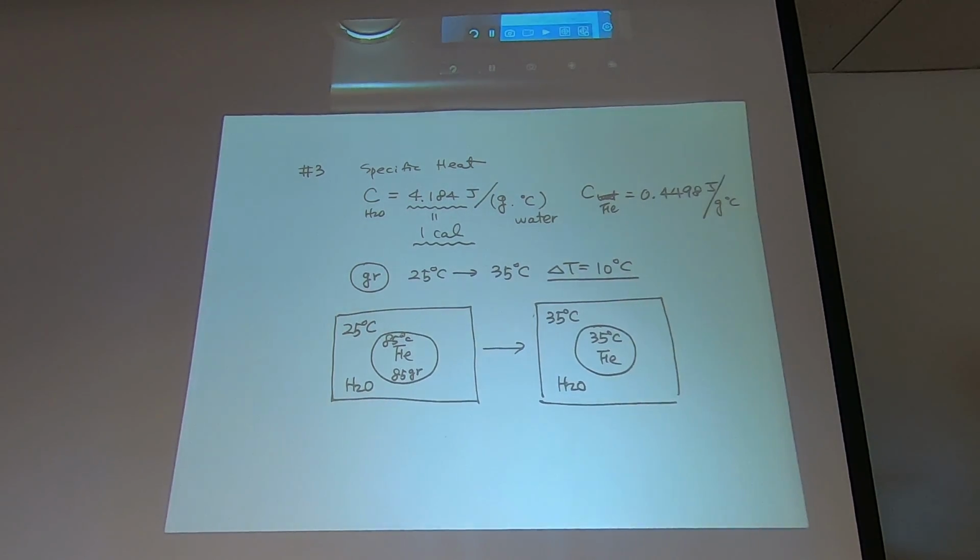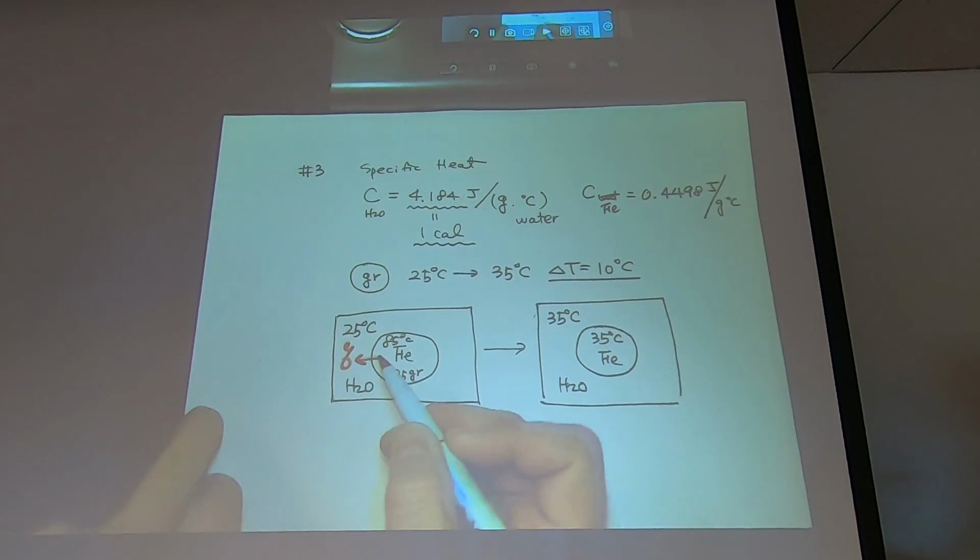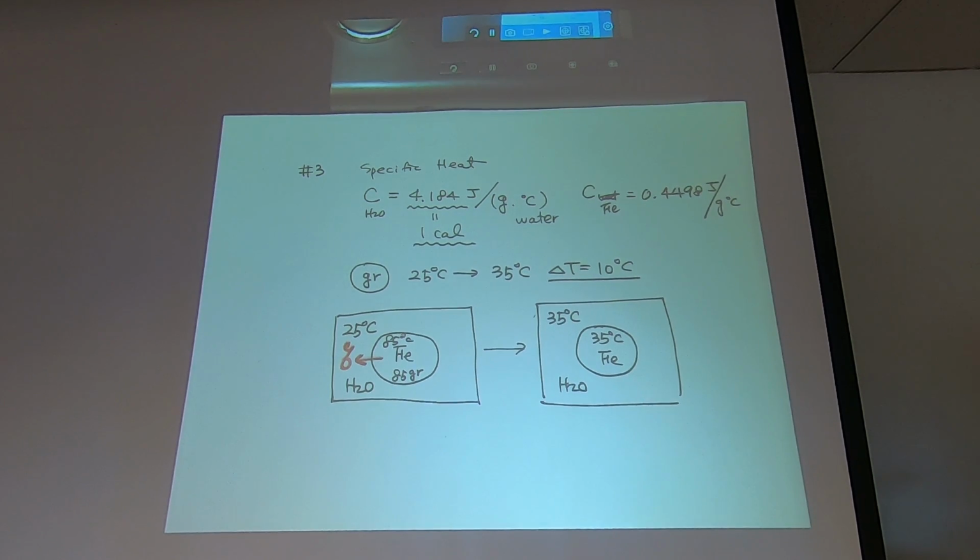So what that means is the heat will leave the iron and enter the water. That's a simple heat transfer issue. When you are in junior year, you will see actually how the temperature profile is changing as heat transfers. We are just considering the net amount of heat that you need.